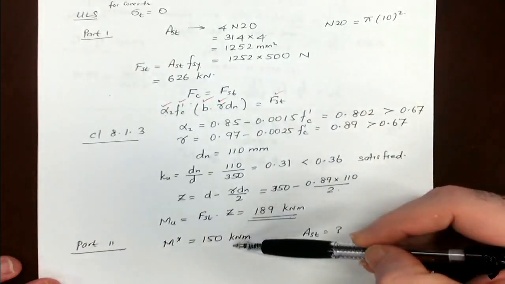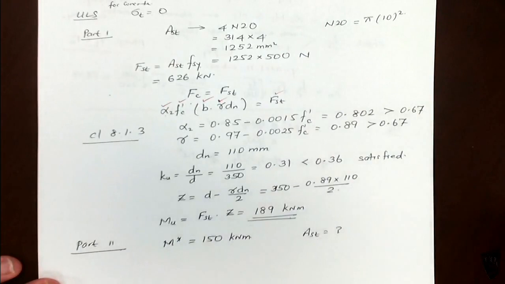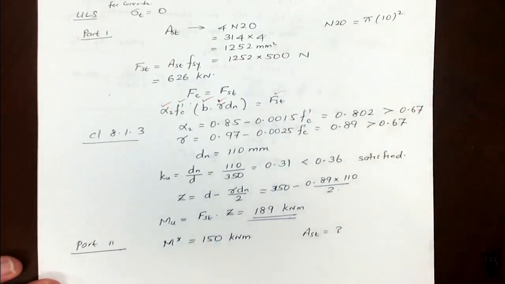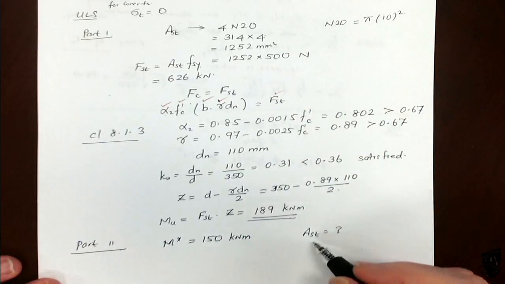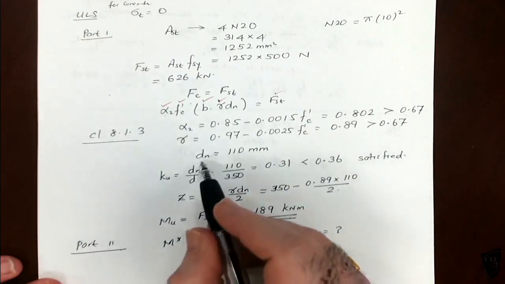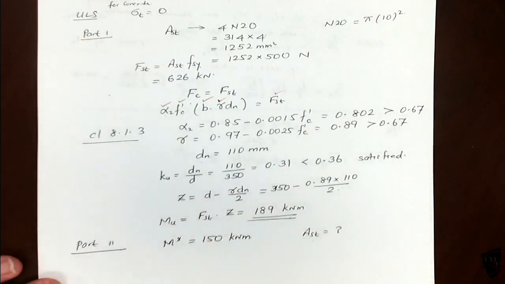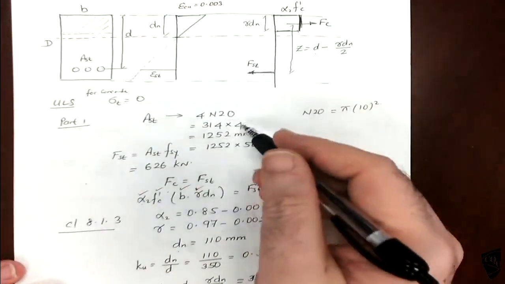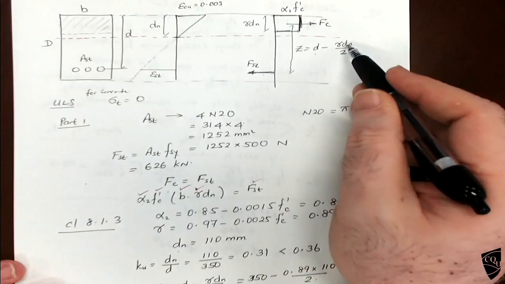Here the moment is given, you need to find AST. So this part you need to go backward, but it's a little bit complex, because AST is unknown, dn is also unknown. When you work from here to there, AST is known, the only unknown is dn.